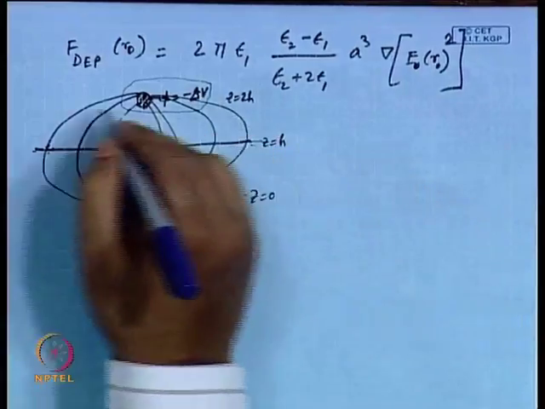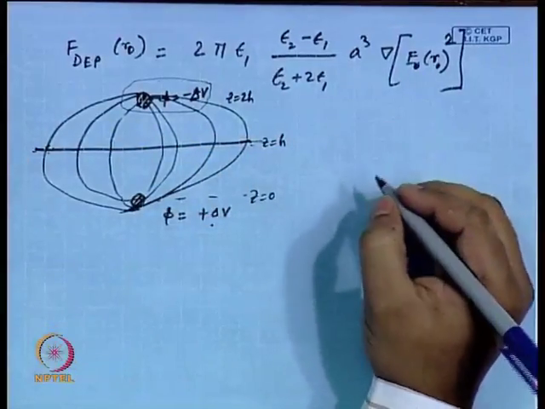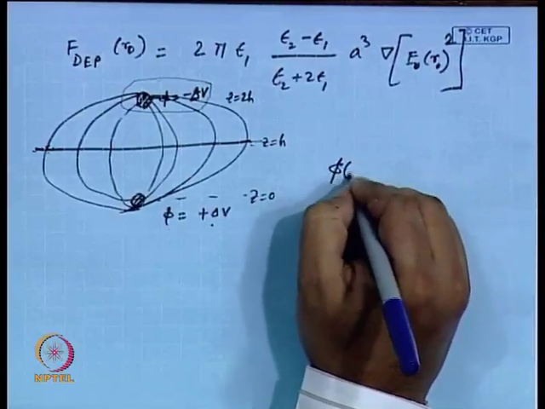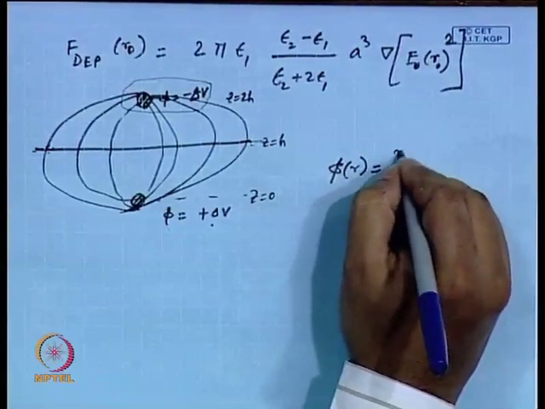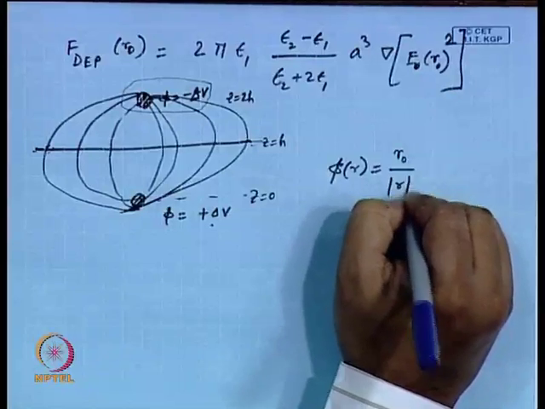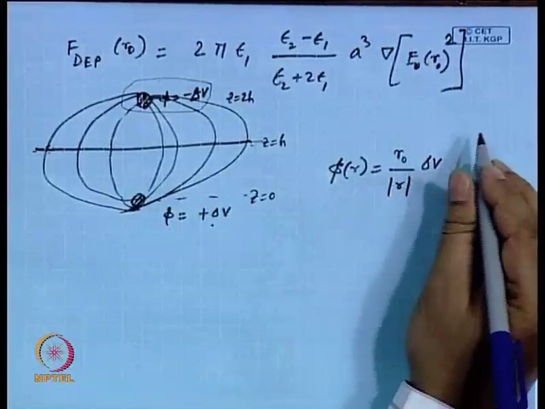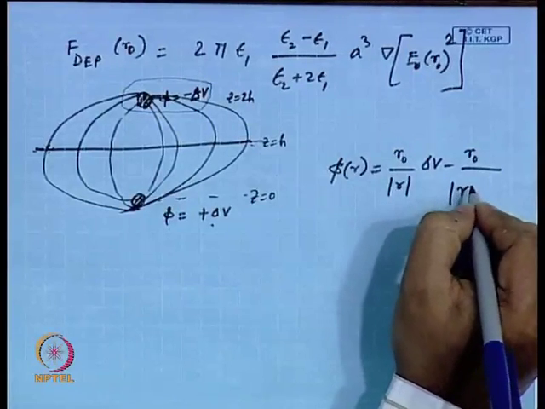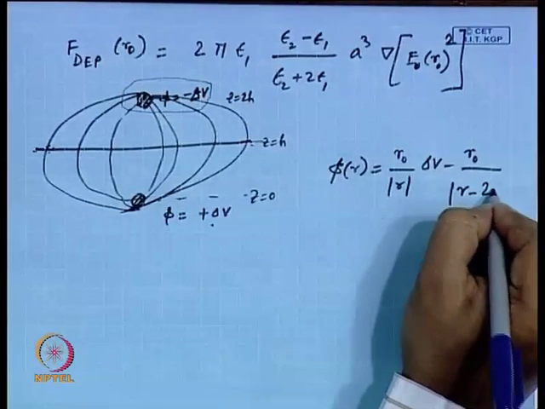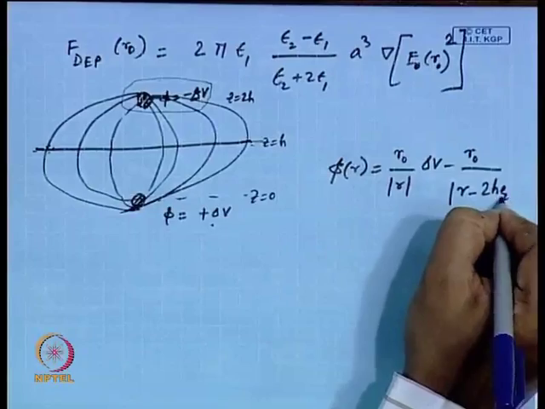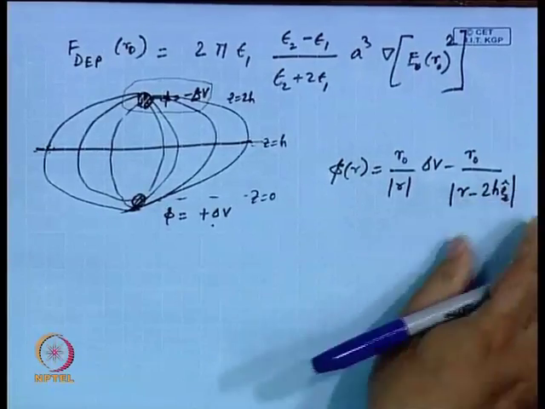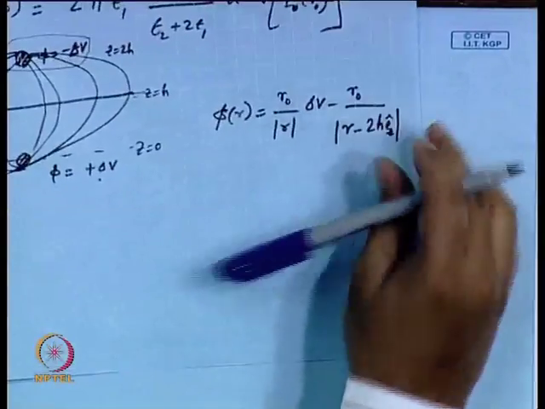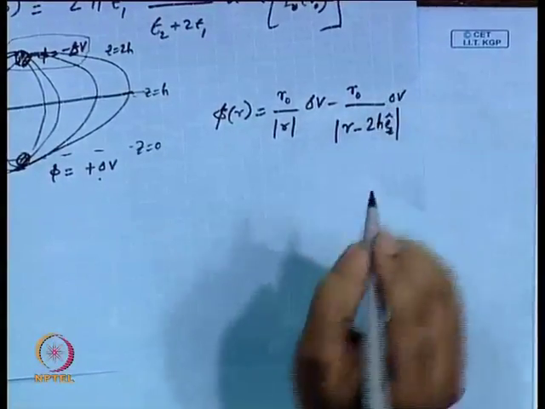So, this is a concept of inhomogeneous electric field, and in that case you can have phi written as r0 divided by r delta v minus r0 divided by |r minus 2h e_z| delta v.